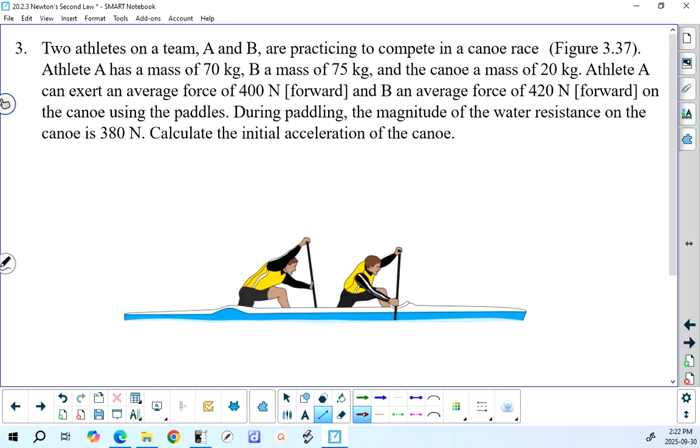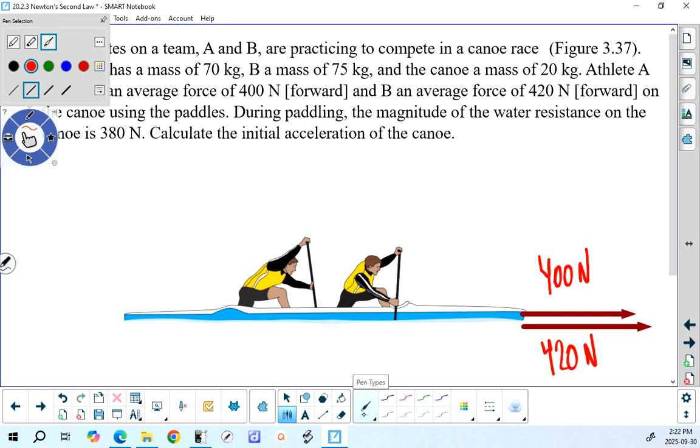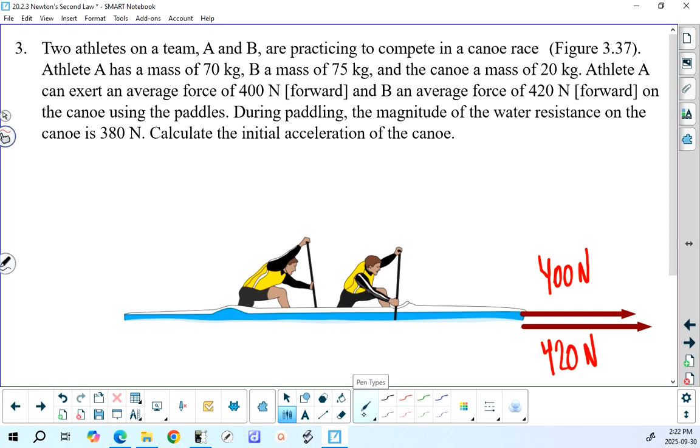So there's a force forward on the canoe of 400 newtons because of athlete A. There's also a force forward on the canoe of 420 newtons because of athlete B. Let me put in those numbers. 400 newtons, 420 newtons, and it says, during paddling, the magnitude of the water resistance on the canoe is 380 newtons.